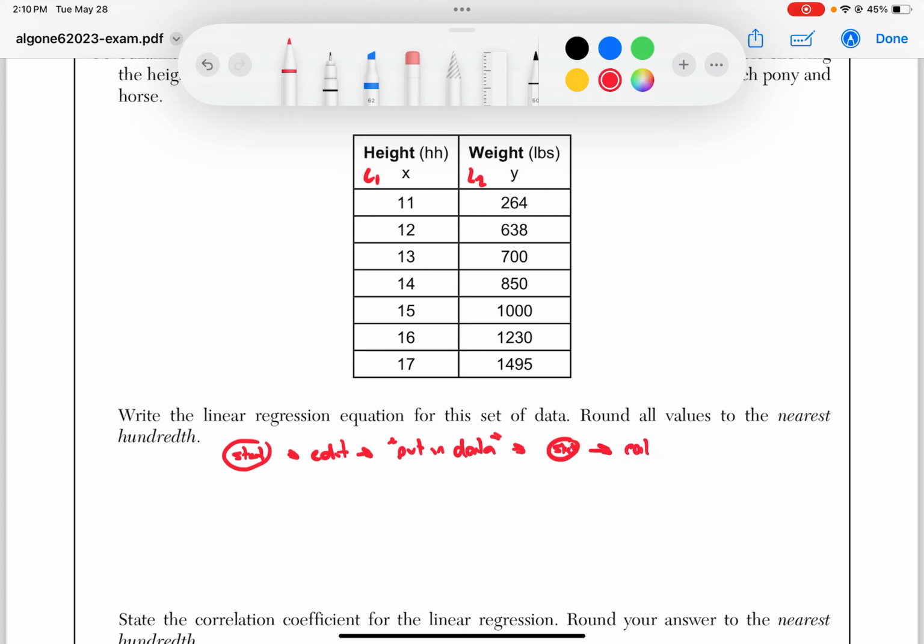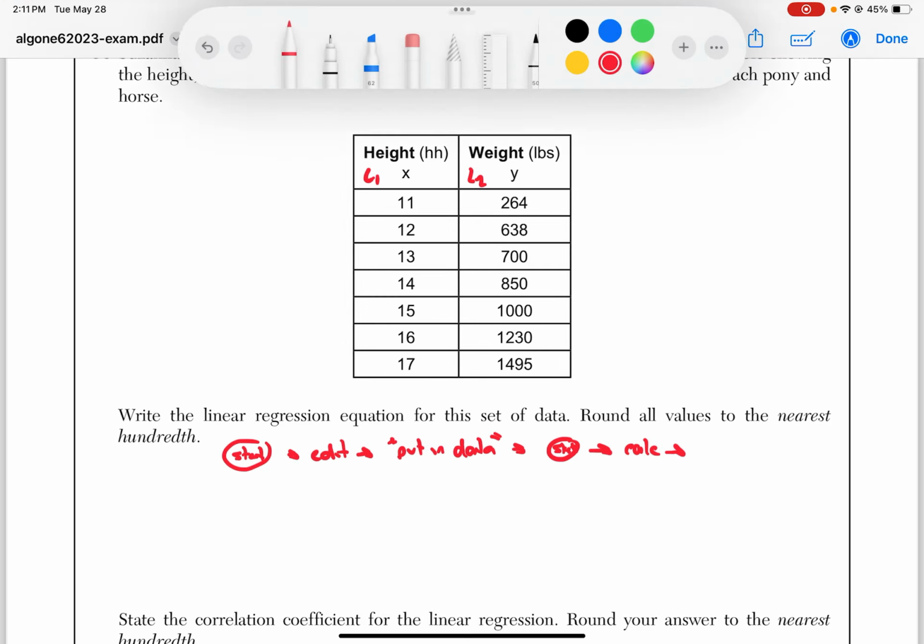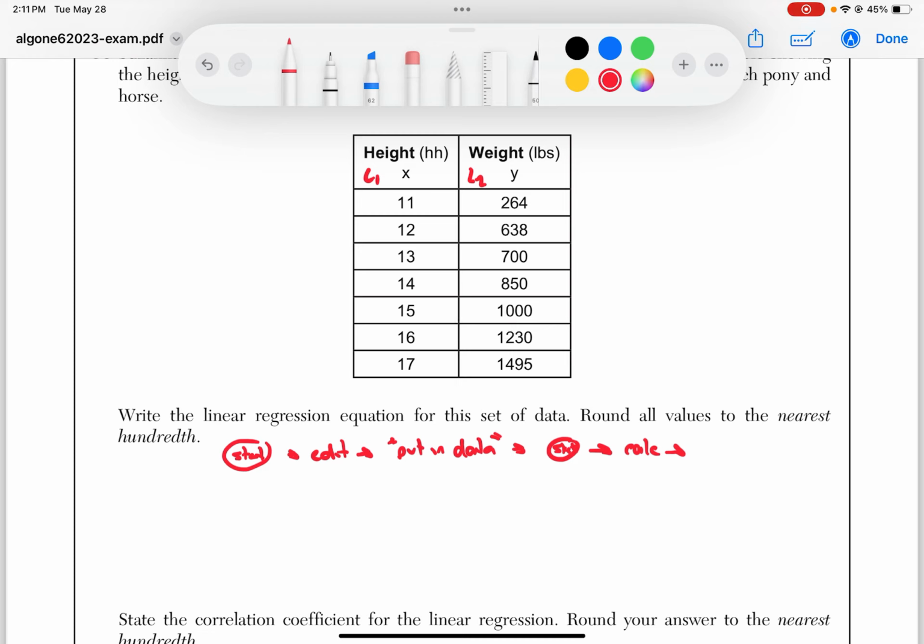We're going to calc. And this time we're not going to do one var stats like we did to get our mean or our median or our box plot. We're going to do LinReg(ax+b), right? Because it's going to be in the form ax plus b. So I just need to know what my a and b values are. So let's go put those in.